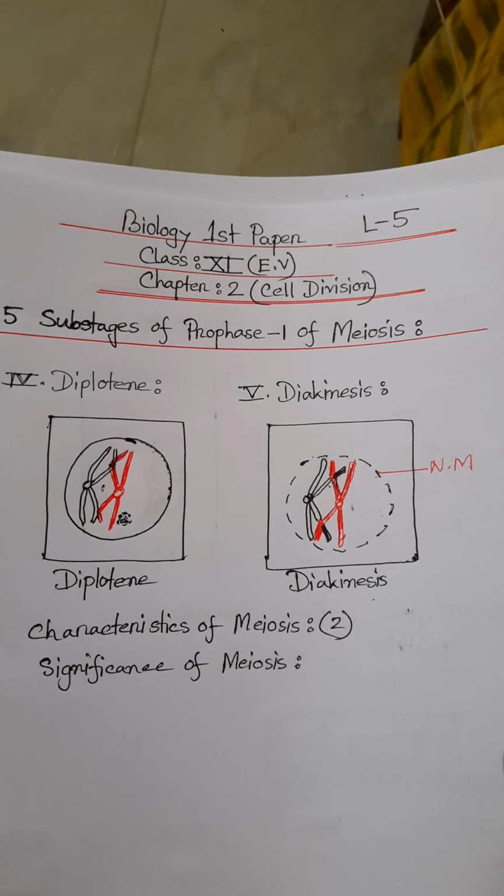Then go to genetic variation. Crossing over occurs in meiosis cell division, so genetic variation is present. There are no two sexually reproduced individuals of exactly the same character except identical twins.